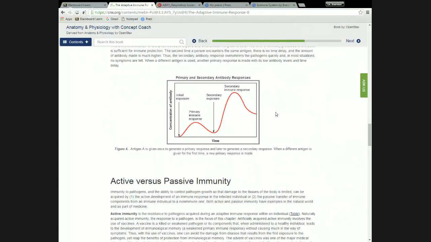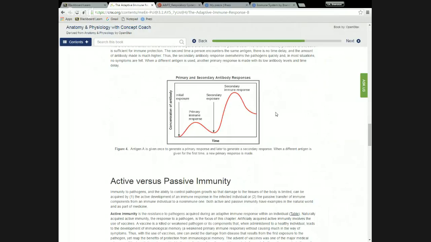I kind of wish that this wasn't one continuous thing because the secondary exposure might be years and years in the future from the primary exposure. But no actual time scale there. Doesn't really matter. But on the y-axis, they definitely don't show the logarithmic scale there.